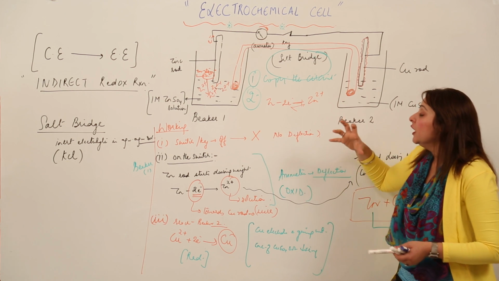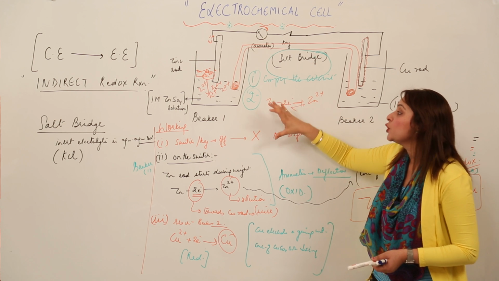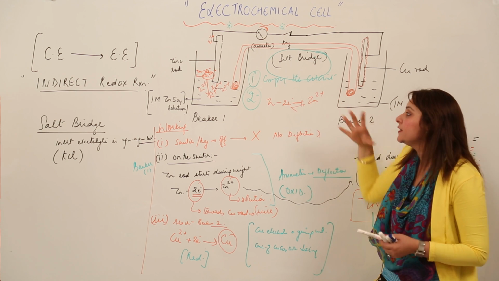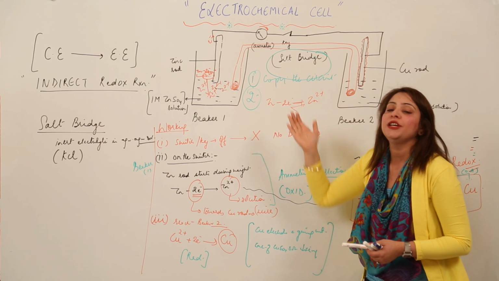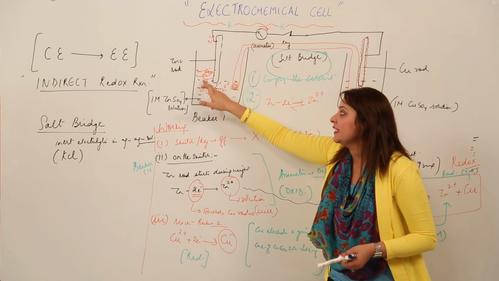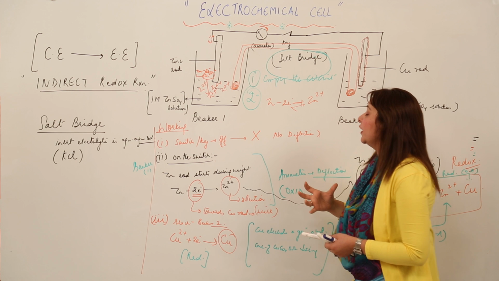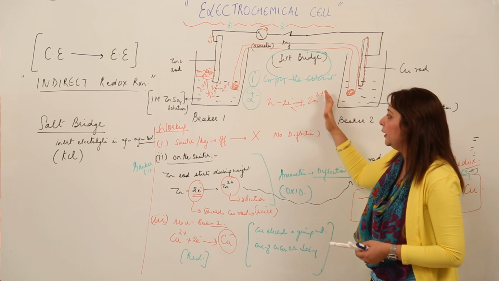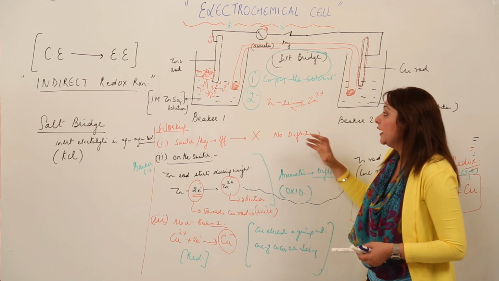That means the rate at which the zinc atom is losing electrons and forming the ion is equal to the rate at which the zinc ions are again getting reduced to the zinc atom. So what happens? With the passage of time, when these electrodes get surrounded by many zinc ions, they disturb this equilibrium, and it will further prevent the oxidation from occurring, right?